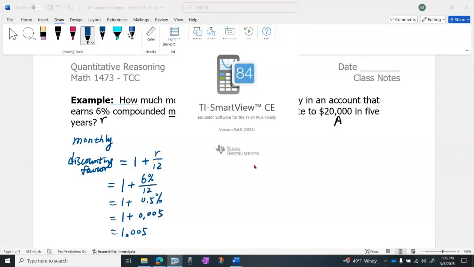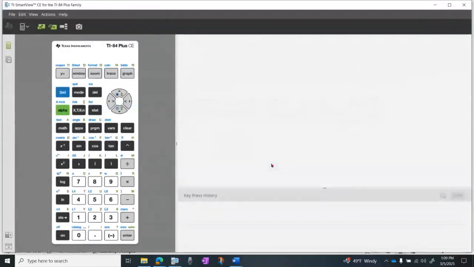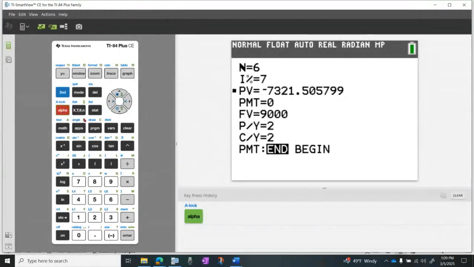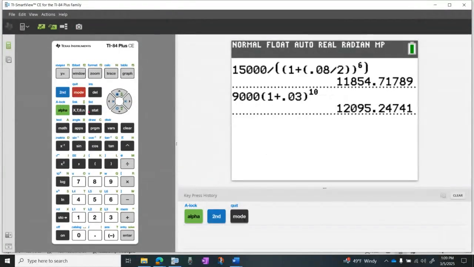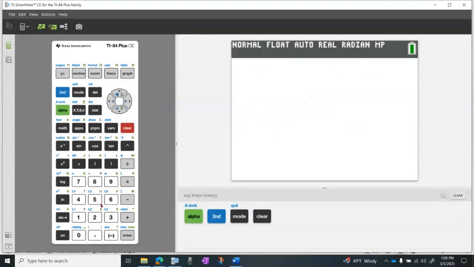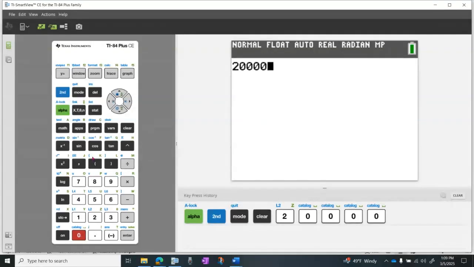20 grand. Give it a little bit of time for the app to load. Okay. Second mode, clear. We have 20 grand. 1, 2, 3, 4. Future value, right? The accumulated balance you want the account to have in 5 years.